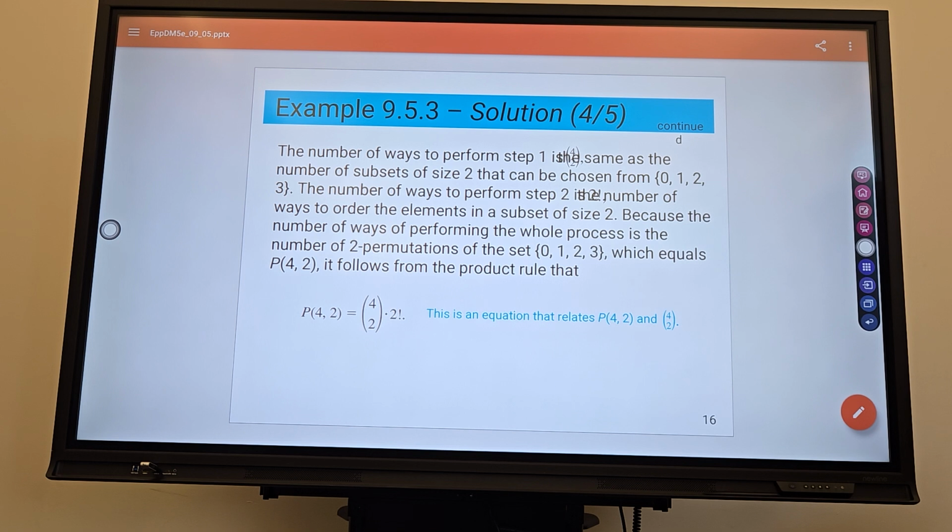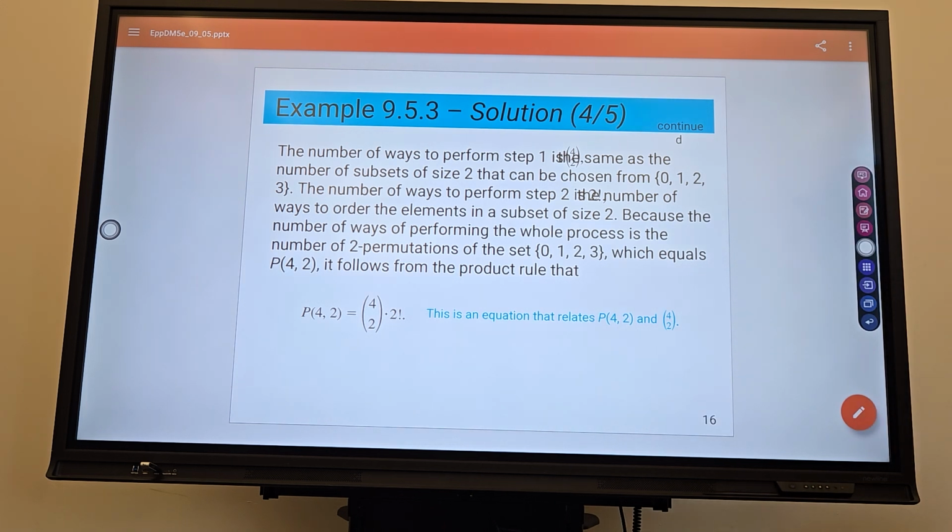The number of ways to perform step 1 is 4 choose 2, the same as the number of subsets of size 2 that can be chosen from 1, 2, 3, 4. The number of ways to perform step 2 is 2 factorial.